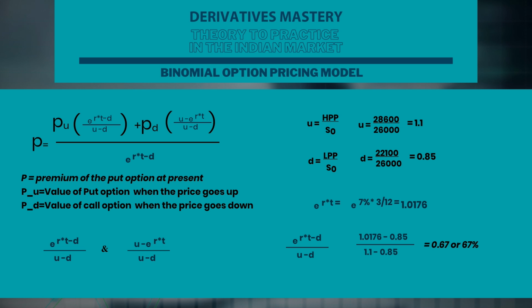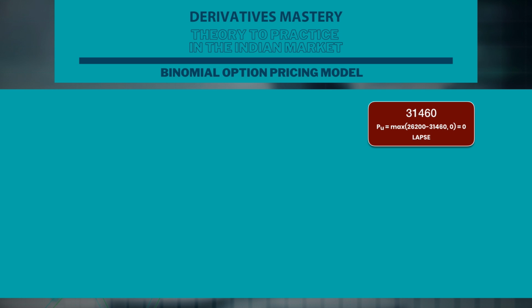PU and PD are calculated based on whether the option is exercised or not. If the price moves up to 31,460, the option payoff is maximum of strike minus spot or 0, which is maximum of 26,200 minus 31,460 or 0, which equals 0. So here the option will expire worthless as the payoff is 0.